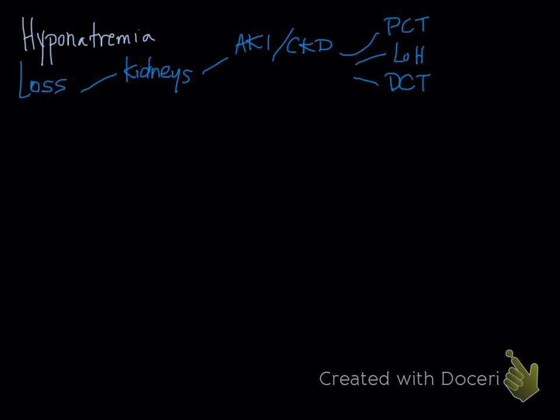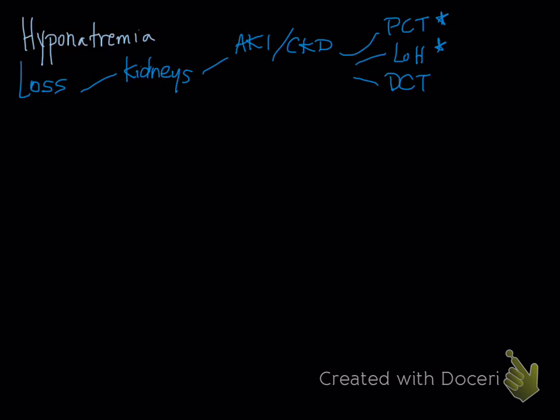So something such as acute kidney injury, which may preferentially hit the proximal convoluted tubule, could result in a decrease in sodium and chloride. You could also have chronic kidney disease affecting your medullary interstitium, which would then potentially affect your loop of Henle. Certain diuretics, the loop diuretics, will affect your loop of Henle and decrease your sodium and chloride.